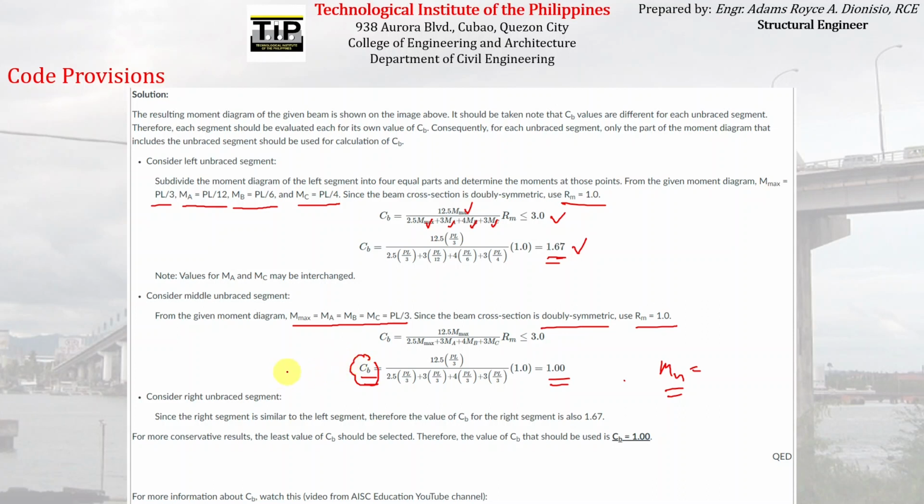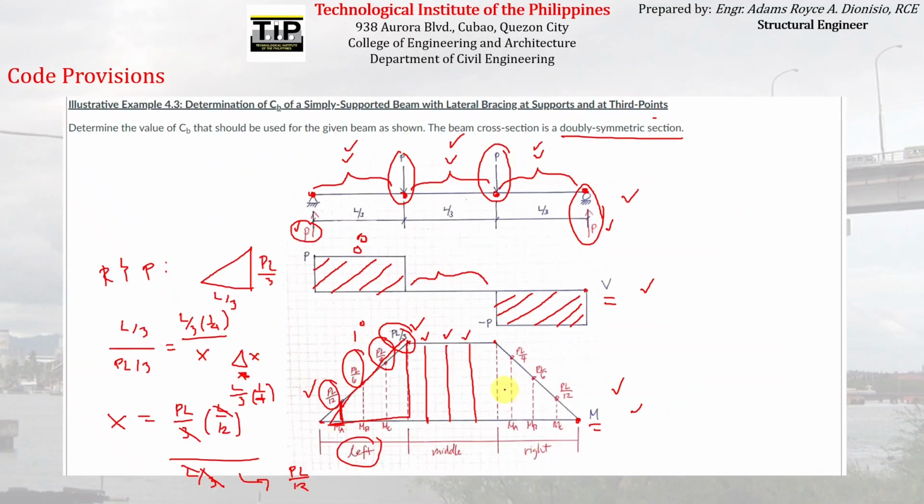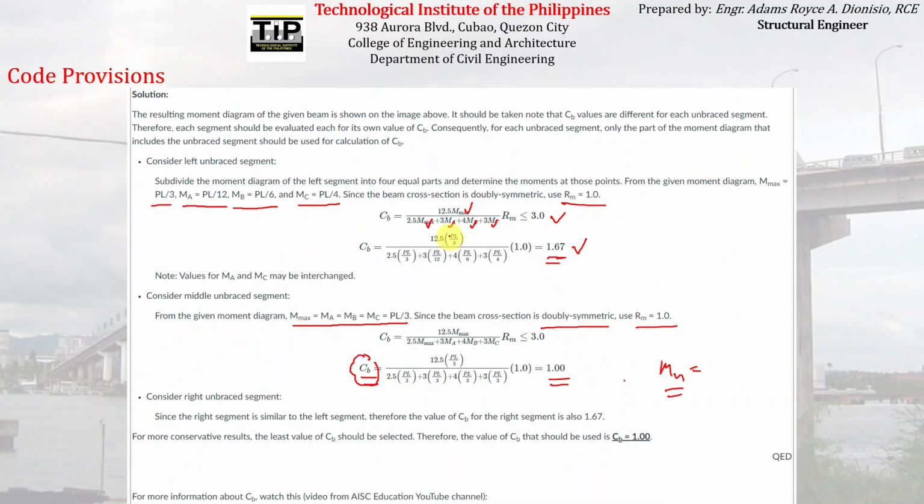Okay, so lastly, to compute Cb on the right unbraced segment, we will just do the same. Get MA, MB, MC, and then Mmax, and substitute to the corresponding formula. But you can see on the diagram that the corresponding values of MA, MB, and MC are equal, although MA and MC again can be interchanged because they have the same coefficient in the formula, which is equal to 3.